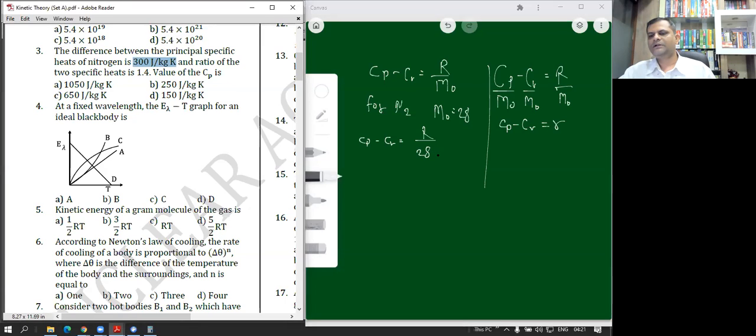So it will be 28 into 10 raised to minus 3 here, so that we can equate this. So R upon 28 into 10 raised to minus 3 can be equated with 300 here, so that we can get R from this.